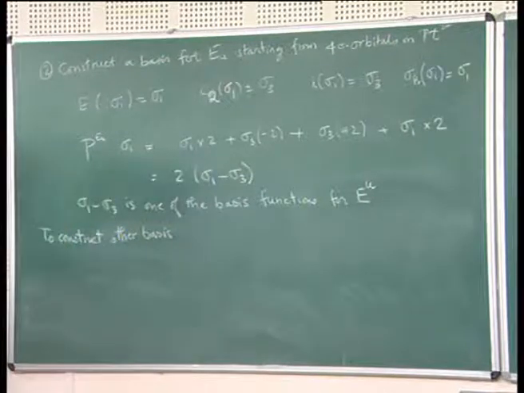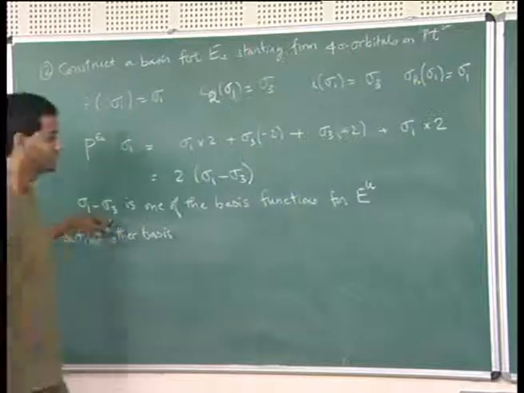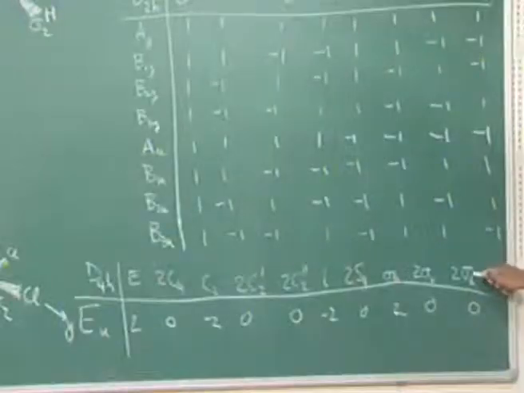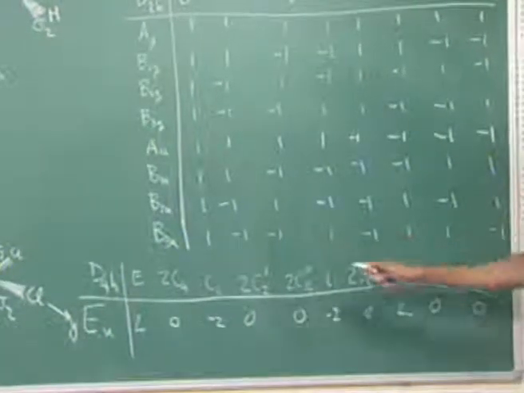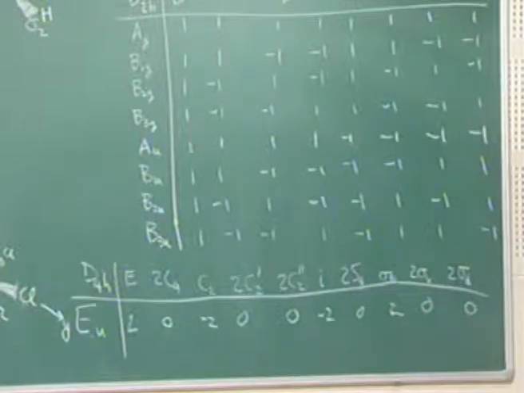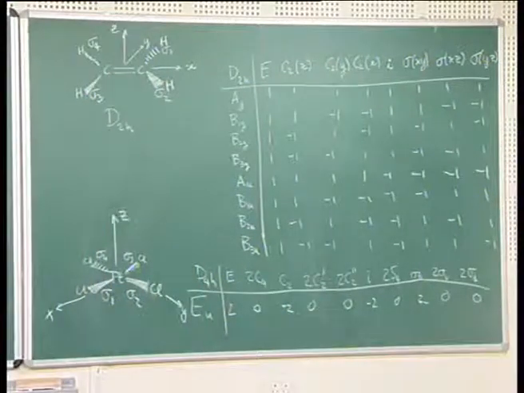We take sigma 1 minus sigma 3 and operate it by members of all the classes. Actually, you have to operate it by all the 16 elements, and look at what you end up with in each case.